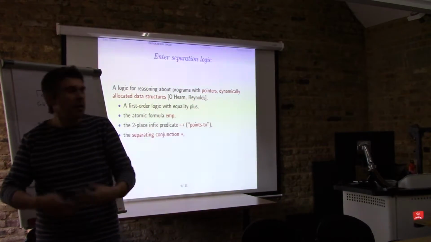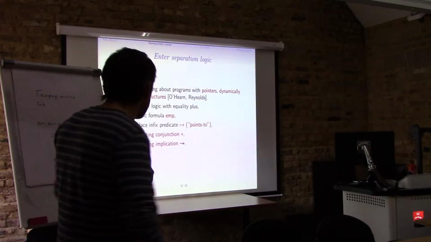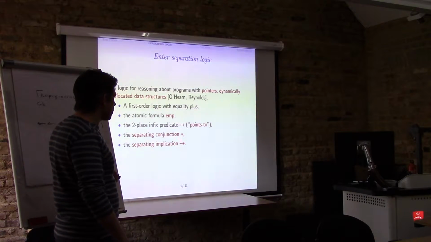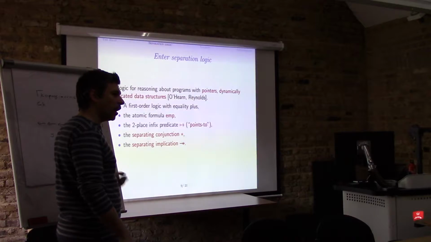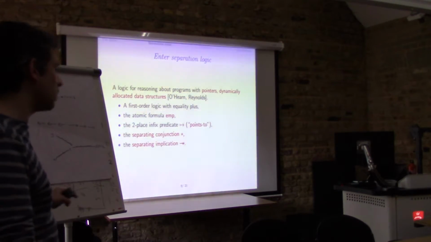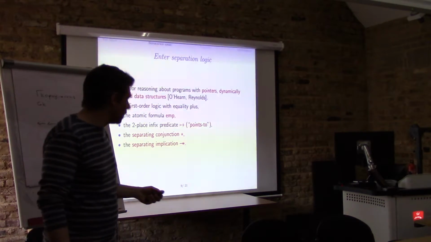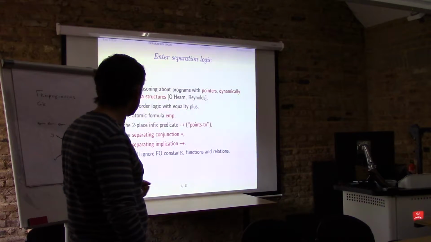It's something similar, but the differences are important. And the separating implication, which is the kind of deduction theorem relative to the separating conjunction, I'm not going to say anything about, because it's just crazy and makes everything undecidable. So just ignore it for a moment.